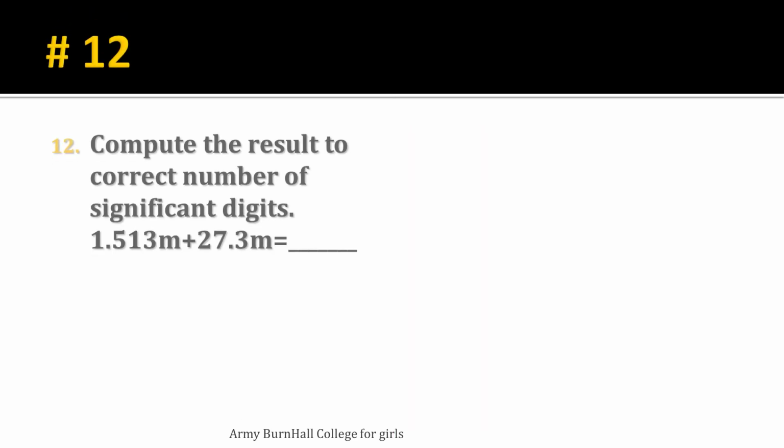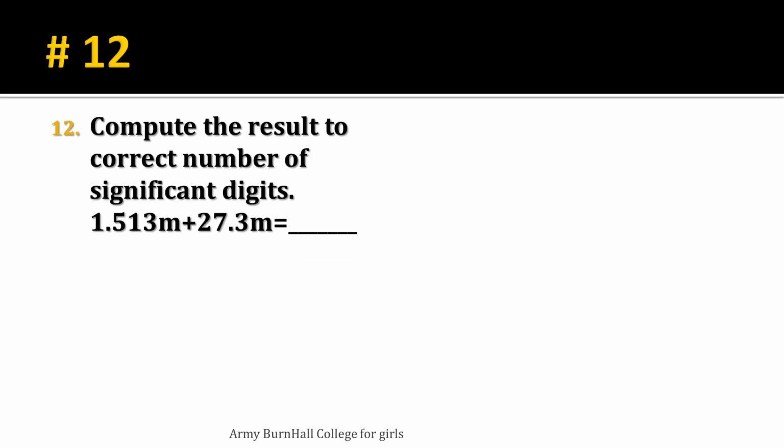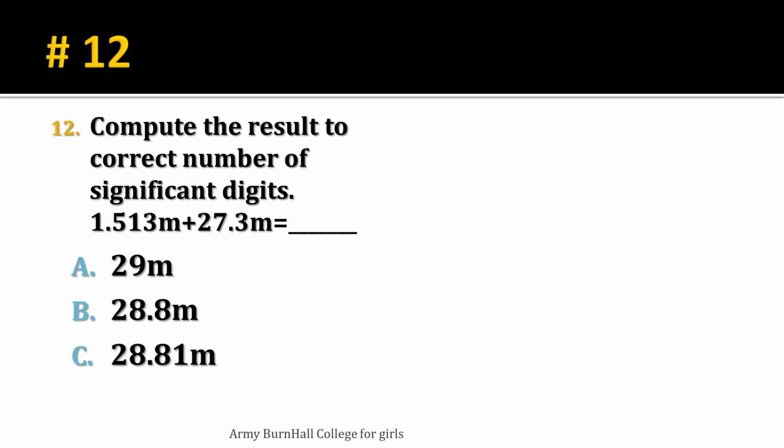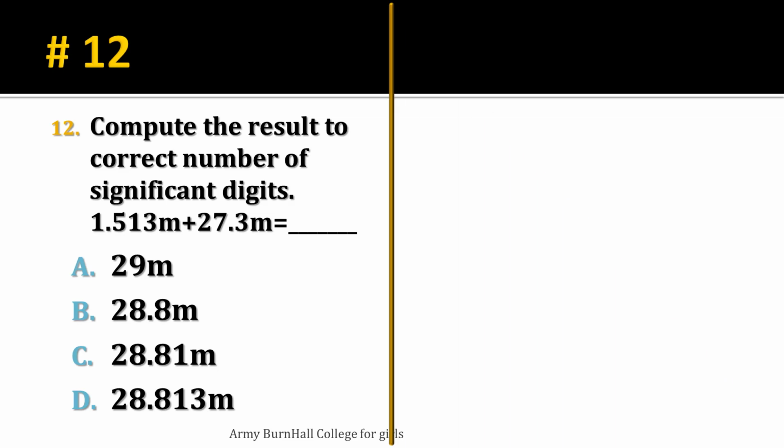Number 12, compute the result to the correct number of significant digits. 1.513 meters plus 27.3 meters. The correct option may be 29 meters, 28.8 meters, 28.81 meters or 28.813 meters. Again, there is no need to calculate.